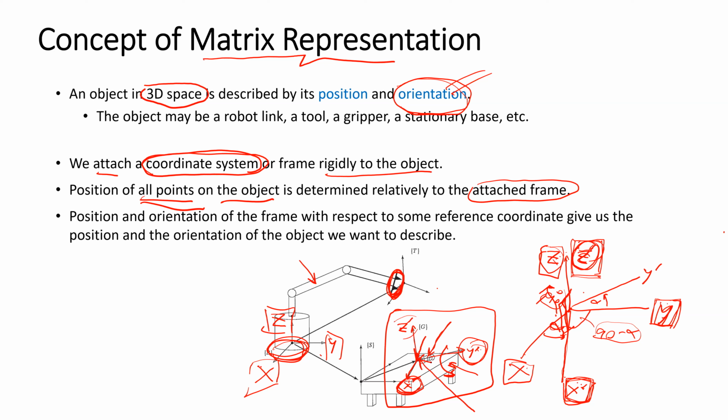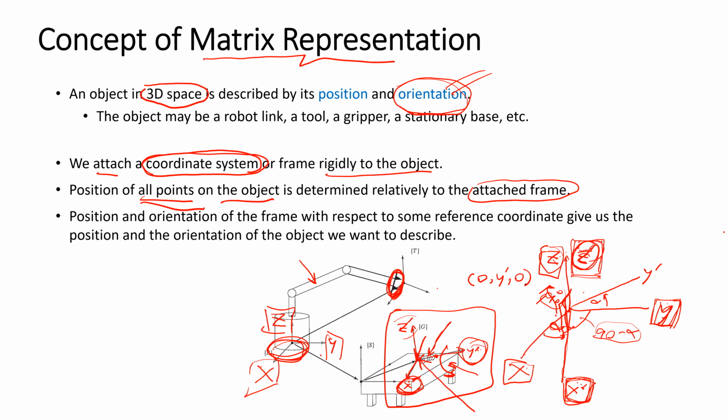If we want to describe the position of the tip of the screw, we can say that this tip has the position of x will be 0, y will be y prime, and z will be 0.